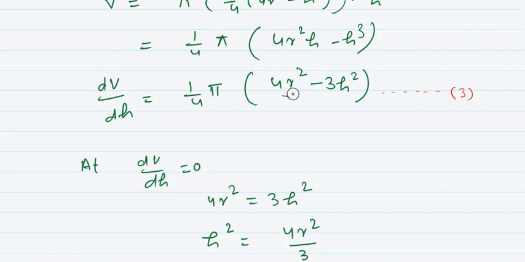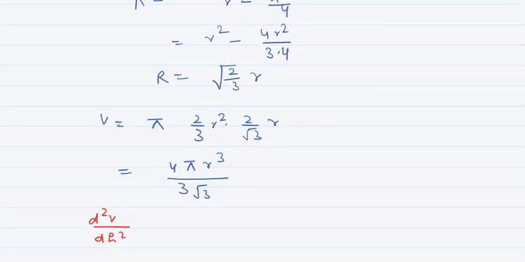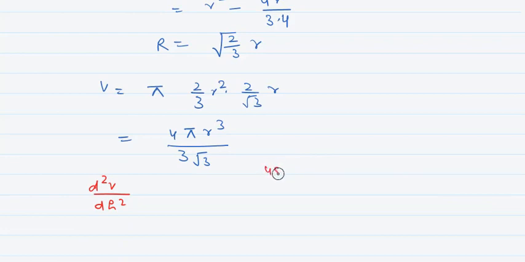Derivative of 4r square will be 0. Why? Because r is constant, a given quantity, so its derivative will be 0, and the remaining term has its derivative as minus 6h. So therefore d square v upon dh square, using relation number third, we get 1 upon 4 pi into minus 6h, which is clearly negative.